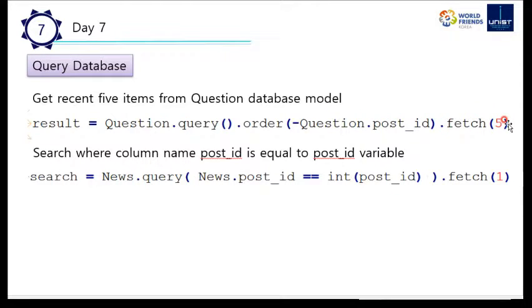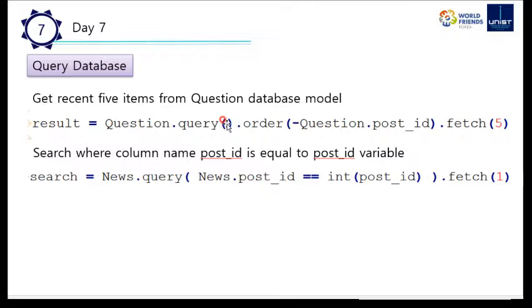If you look at the left part first, dot query without anything inside the parentheses means that there is no condition. So it means to query all the data inside the database.